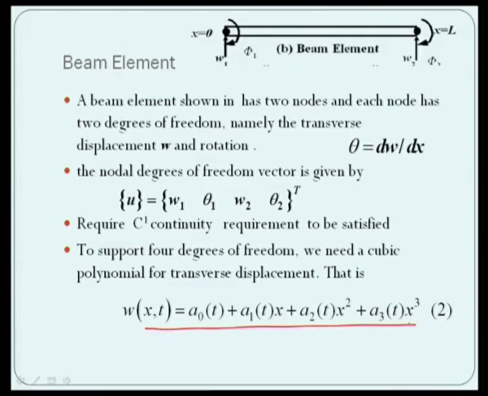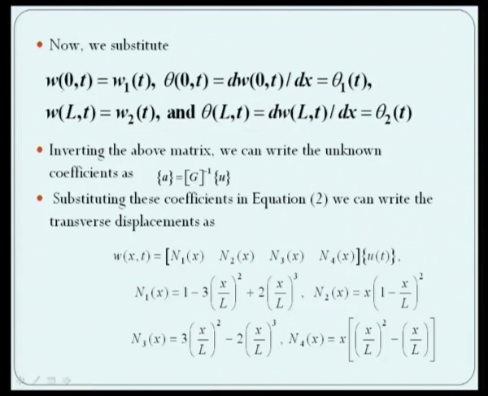So what we do, we substitute at x equal to 0, W is equal to W1. So that is given here. At x equal to 0, dW by dx is equal to theta 1, because the slope is derived from the displacement.